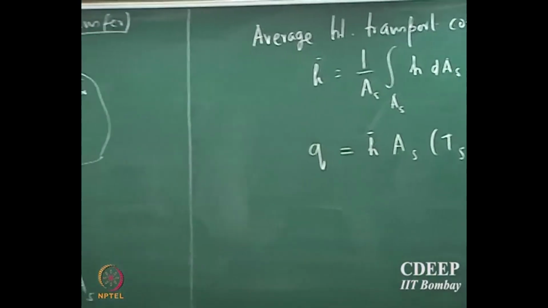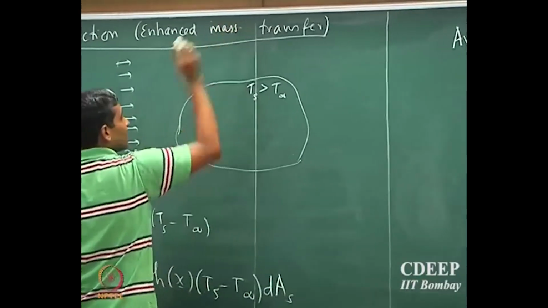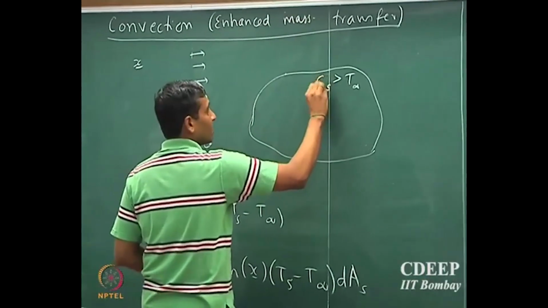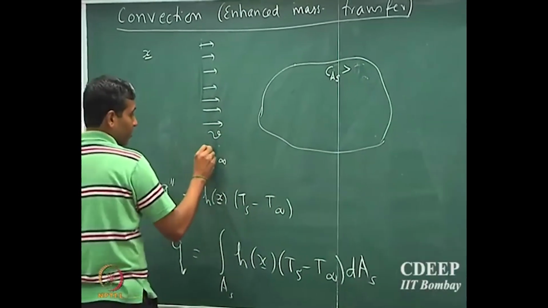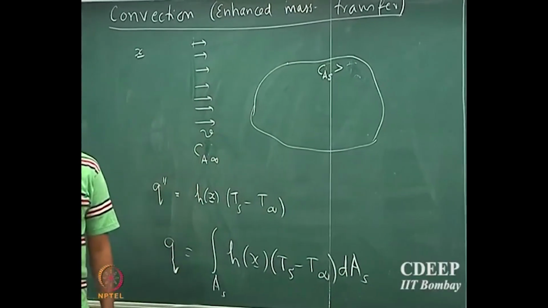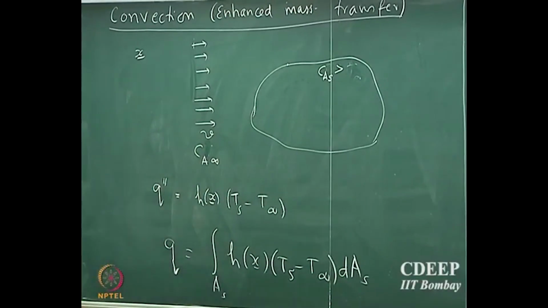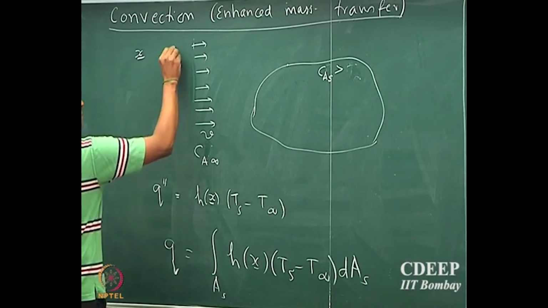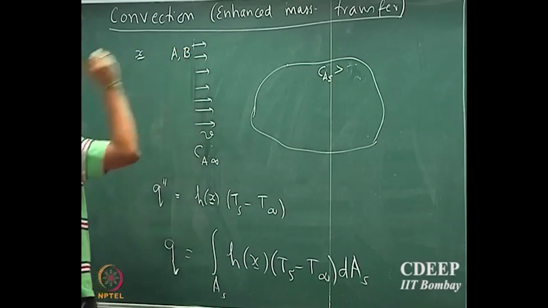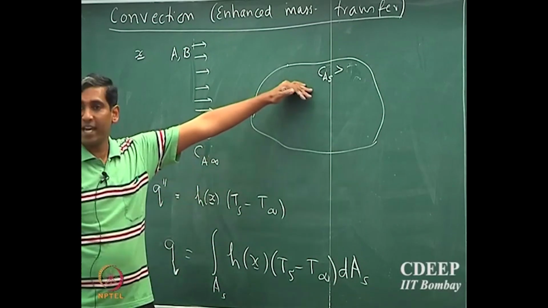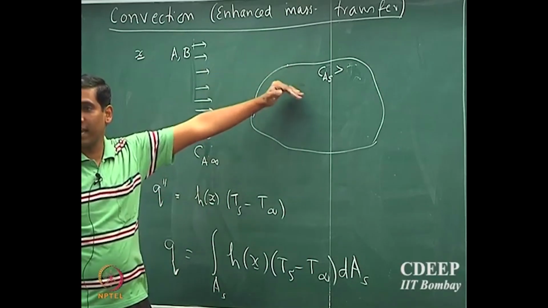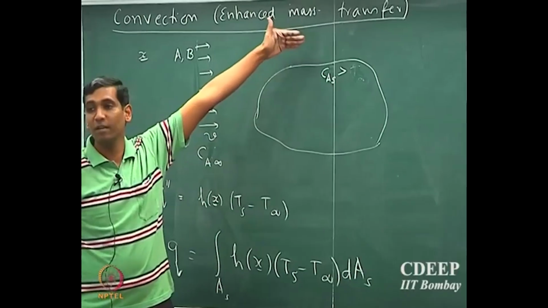A similar scenario in mass transport would be, okay, so if the concentration of some species is CAs and if the bulk species concentration is CA infinity, the framework is slightly different in mass transport, although the process is exactly the same. So supposing you have species A and species B, both of them, it's a mixture which is flowing together, and let's say that only species A is diffusing out, species A is transported from this surface to the fluid.